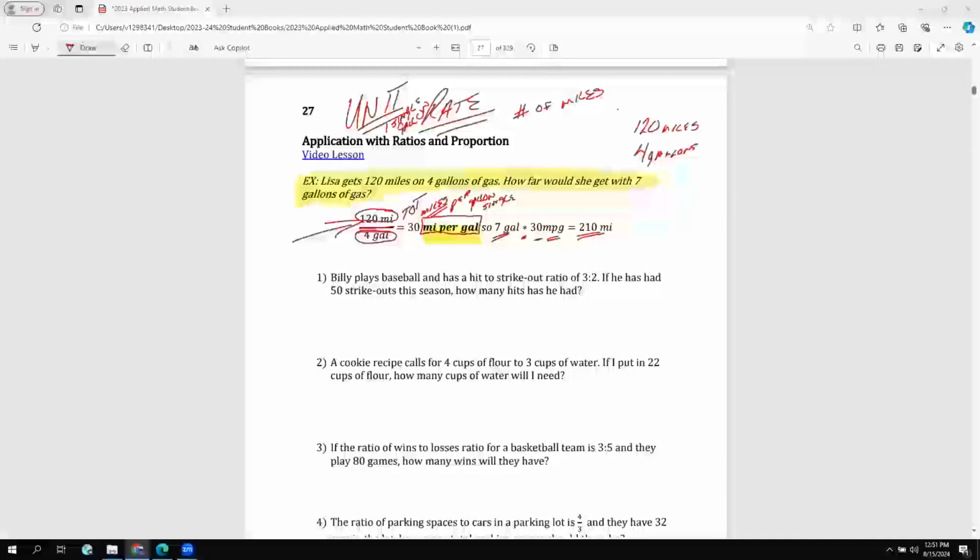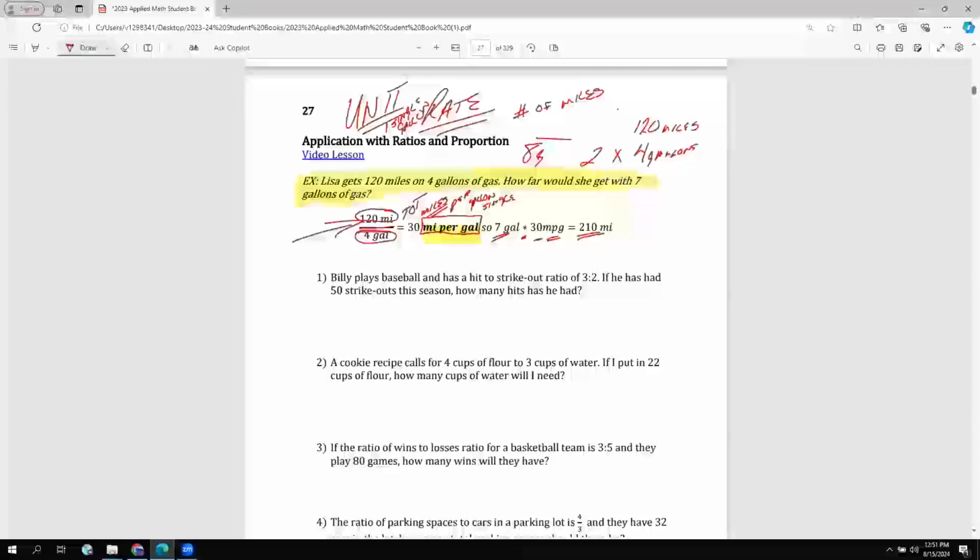So here's the thing. What happens if I doubled the number of gallons? So instead of dealing with 4 gallons, what if you double it and you go to 8? So I take my gallons and I multiply it by 2. What happens if you do that? Well, you'd say, that's 8 gallons of gas, right? Yes, it is.